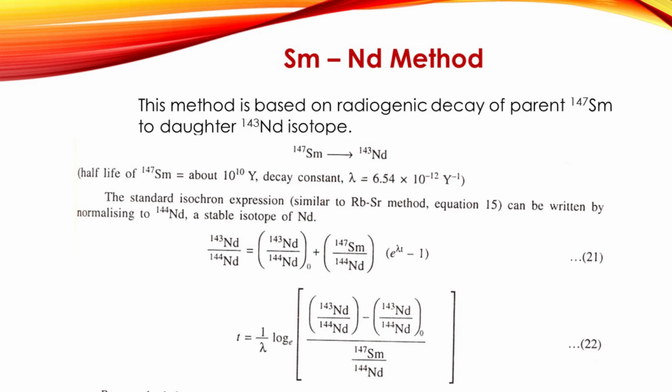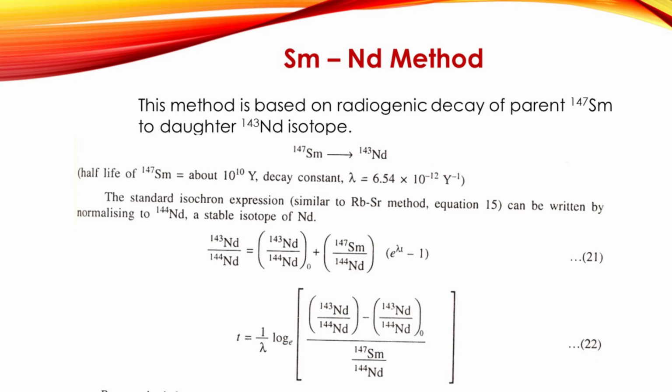The half-life of samarium-147 is about 10 to the power 10 years. The standard isochron expression is again similar to the rubidium-strontium method as shown in equation 15, and this can be written as given in equations 21 and 22.